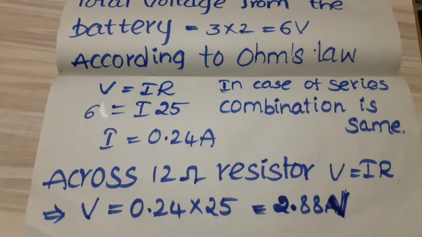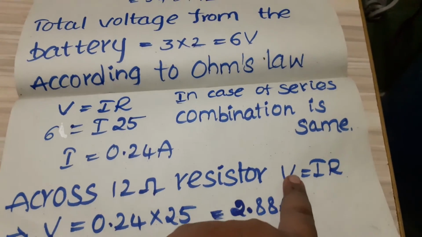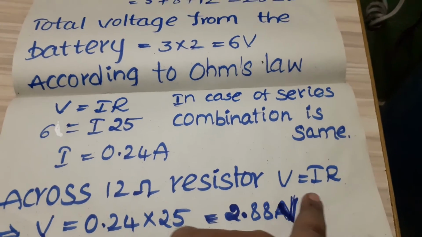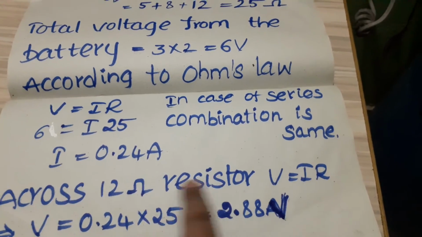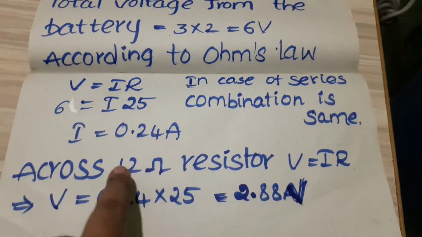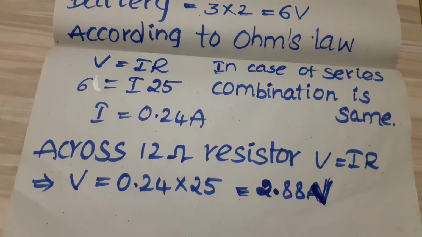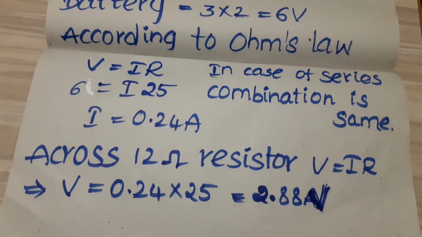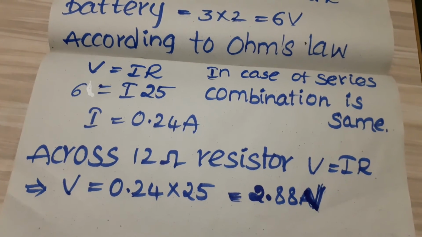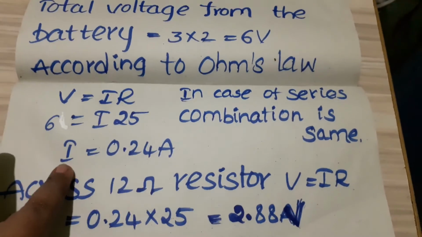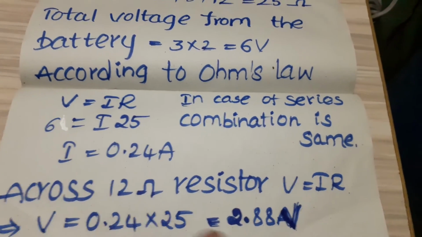I am going to find this using Ohm's law, V equal to IR. Current is 0.24 ampere. Resistance of the equivalent value is 25. 0.24 into 25, 2.88 volts. Those are the values of the current and potential difference.